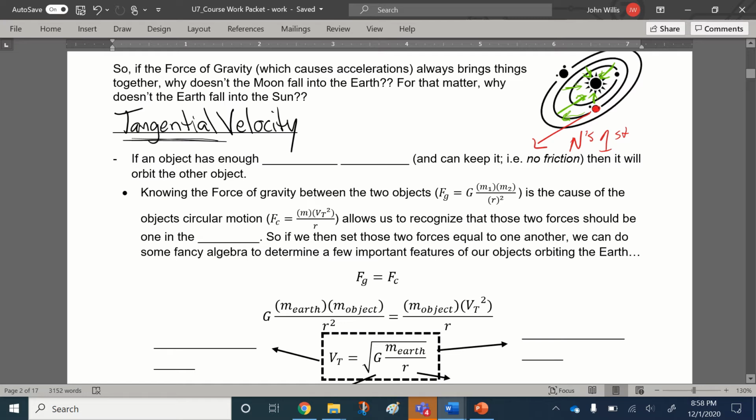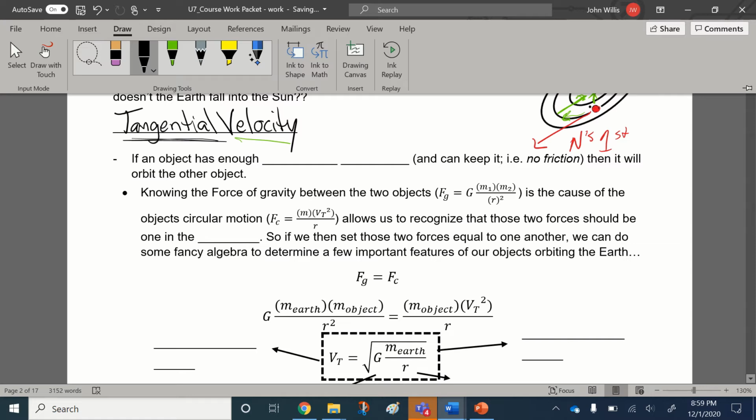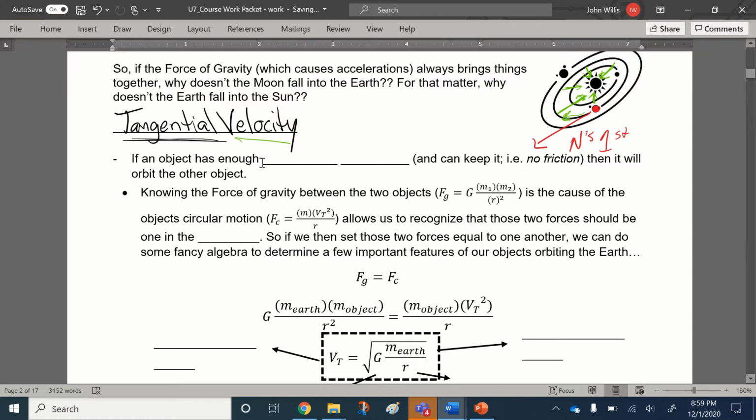And the only reason the Earth doesn't fall into the sun is because it's got some measurable velocity where it's trying to move off to the left in this particular case, but the sun won't stop pulling on it. And it won't stop pulling on it, causing it to change direction again and again until the end of time, until the sun dies eventually, which will happen in about 5 billion years. Yeah, 5 billion.